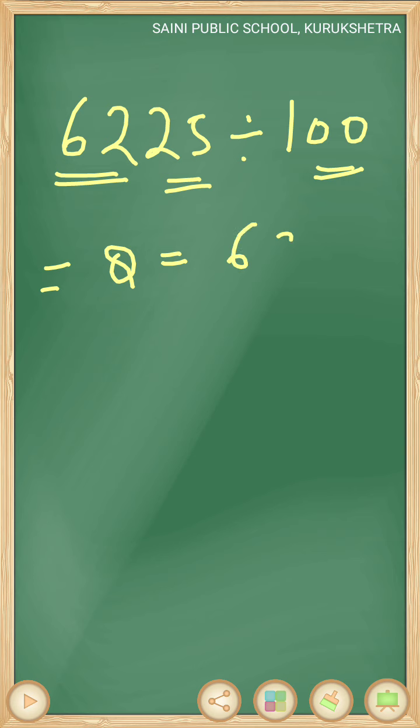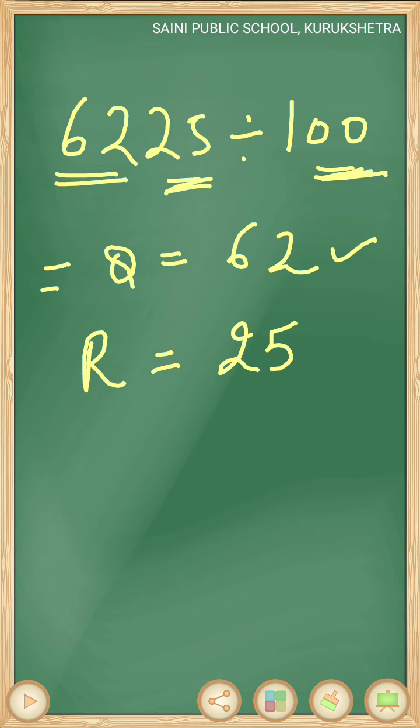So the quotient will be 62 and the remainder will be 25. While dividing by 100, the quotient is obtained by removing the last two digits from the number, and these last two digits form the remainder. So in this way we can divide a number by 10, 100 and 1000 directly by seeing the number.